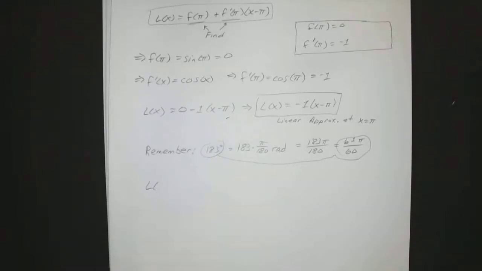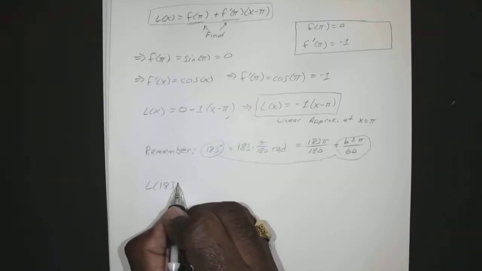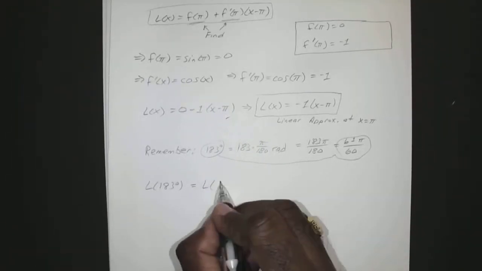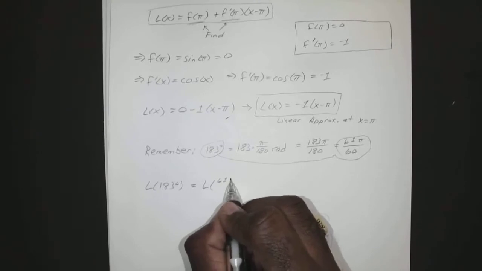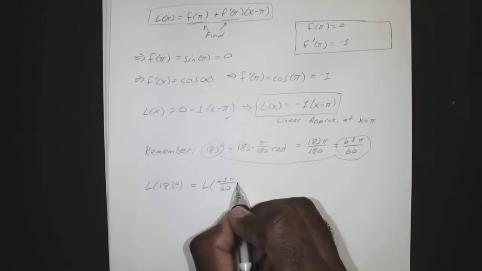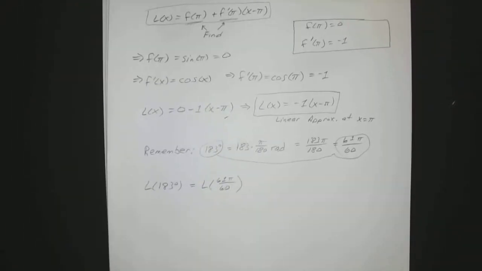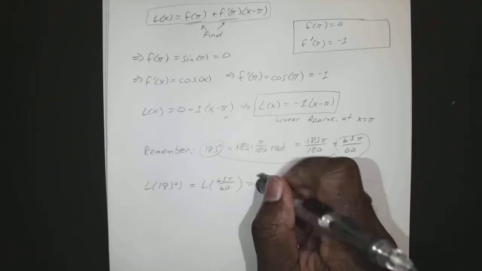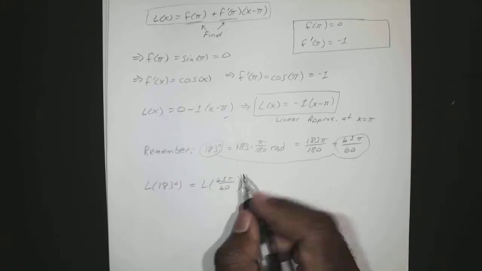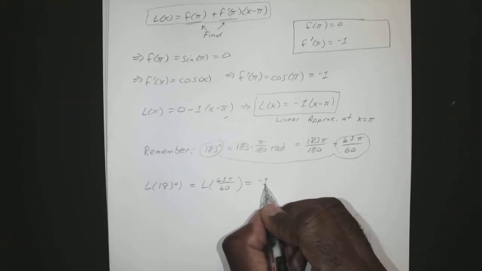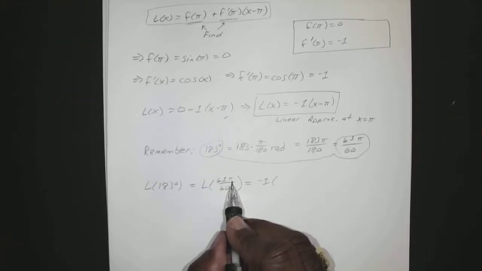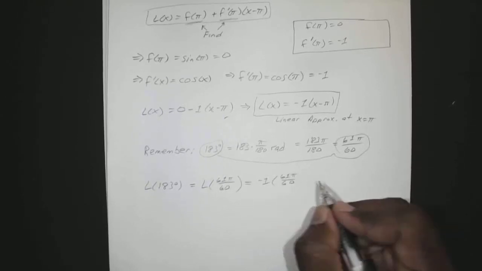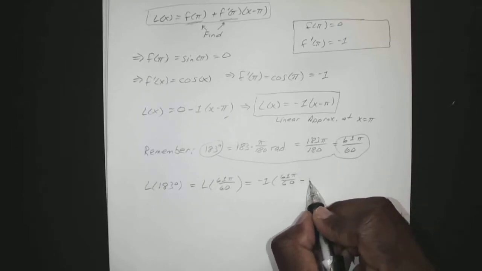Okay, so our linear approximation of 183 degrees is actually our linear approximation at 61 pi over 60 radians. Okay, which is equal to, clean that up a little bit, -1 times 61 pi over 60 minus pi.